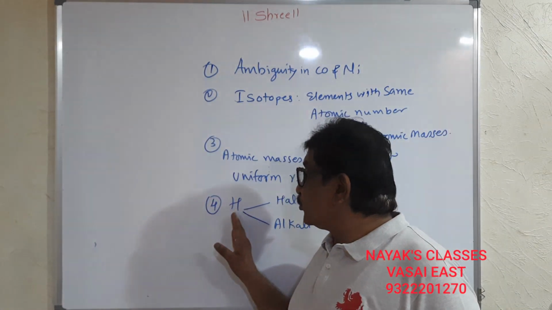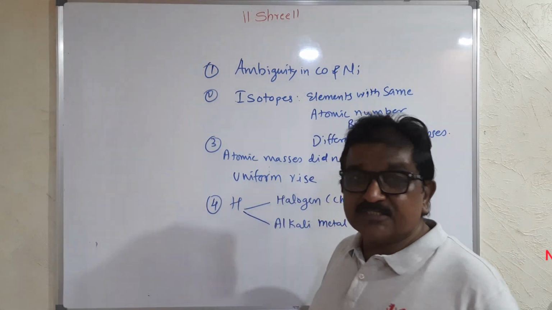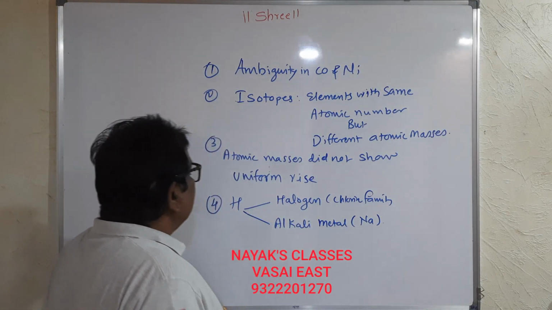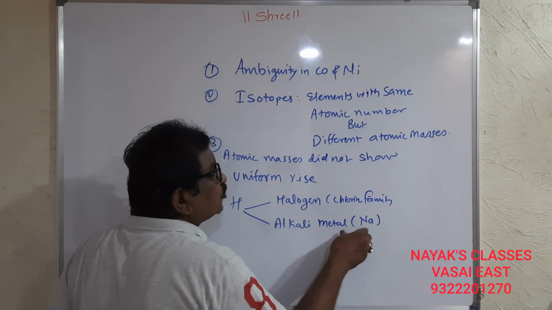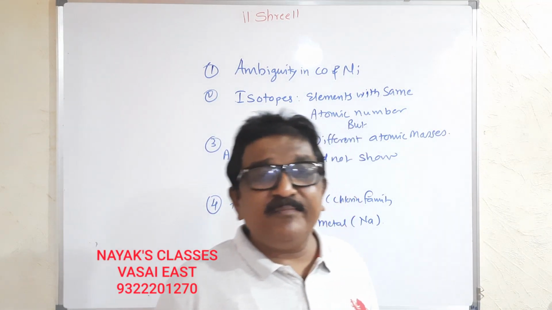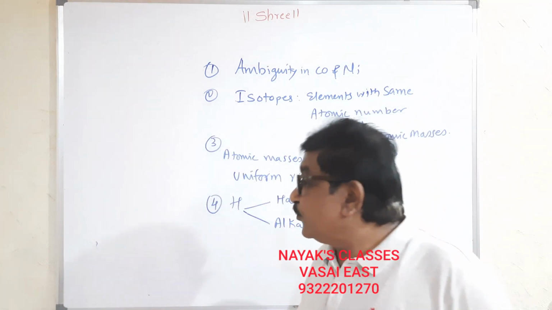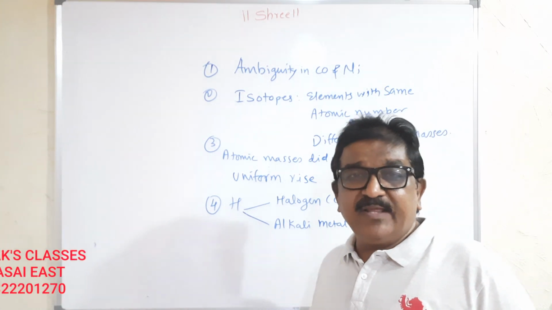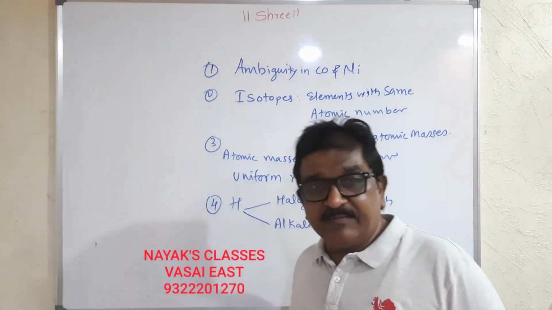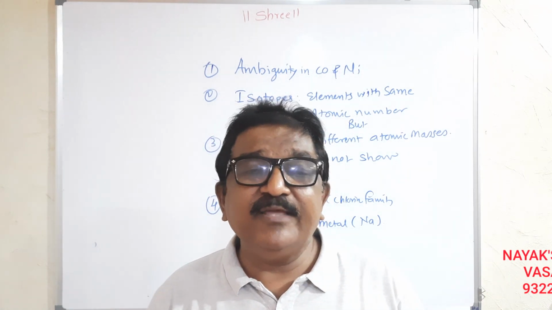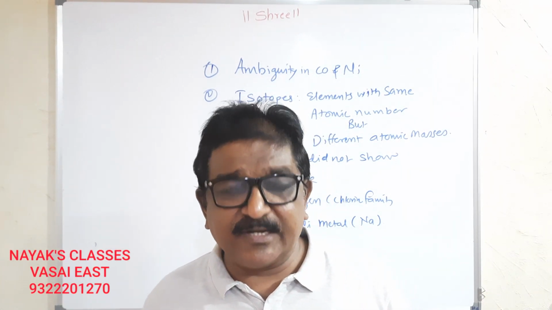So hydrogen was showing properties like halogens, like the chlorine family, and it was also showing properties like sodium, like alkali metals. So where to put hydrogen? In the halogen family or in the alkali family? That was the question. So let us see the demerits of Mendeleev's periodic table.